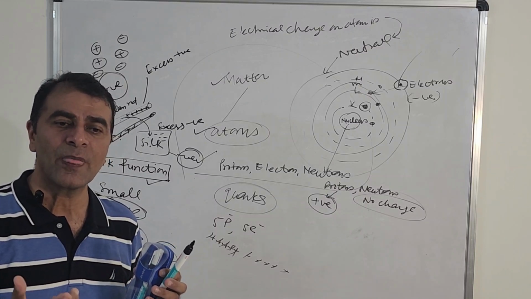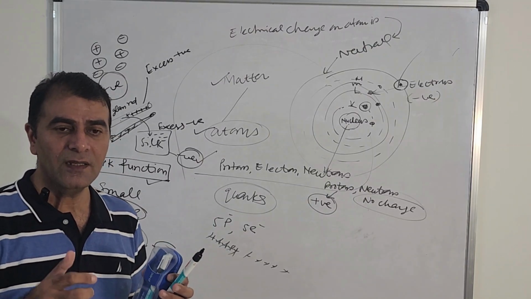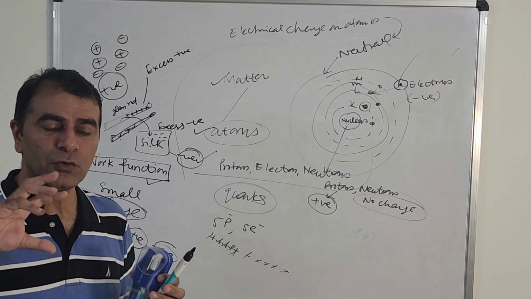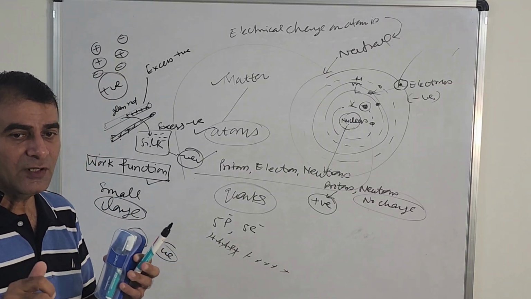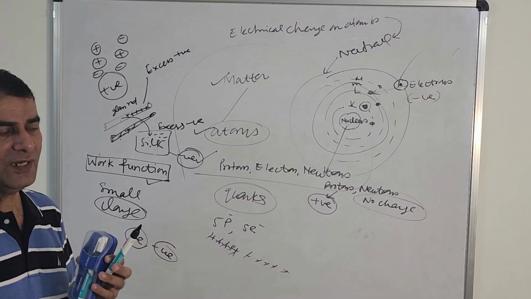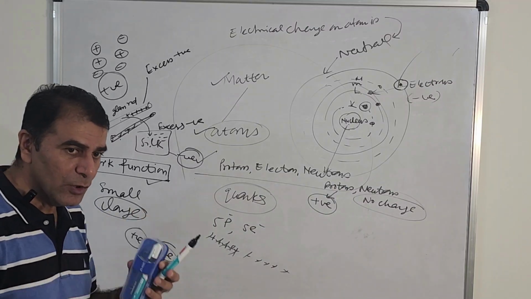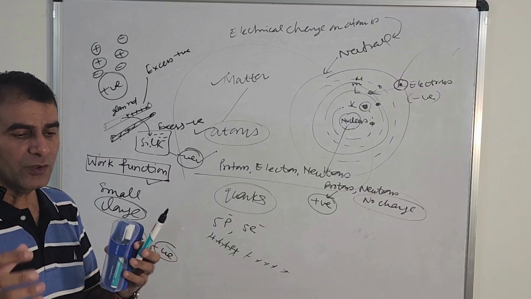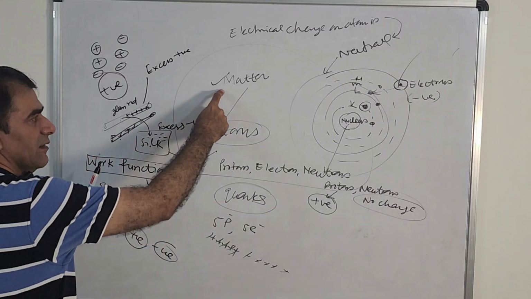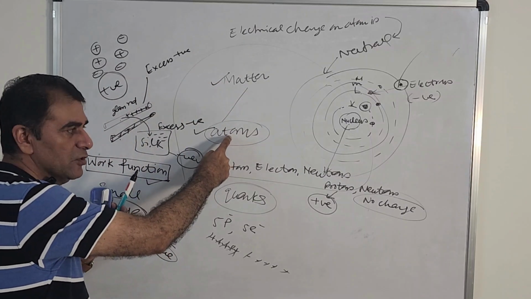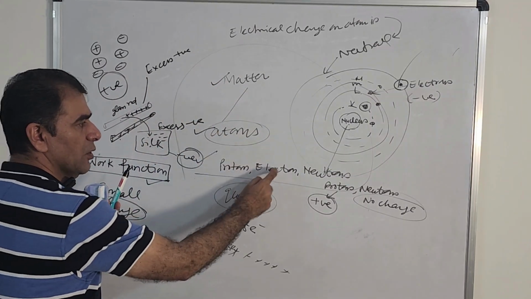What is that actually? When you are rubbing the sofa, the friction gives energy, and you are removing electrons from the sofa set, because the sofa is matter and it has atoms. Atoms have protons, electrons and neutrons.